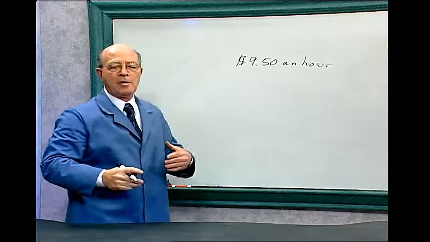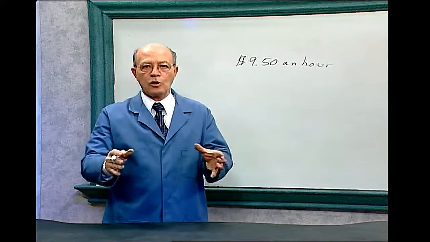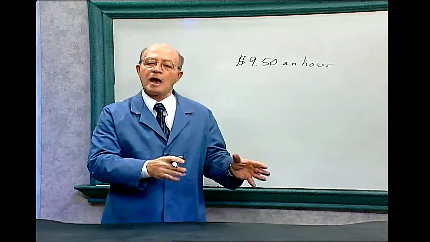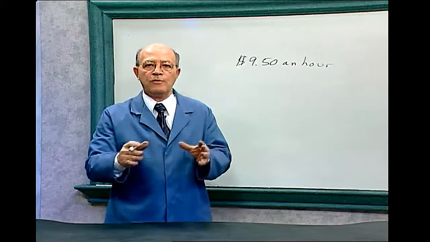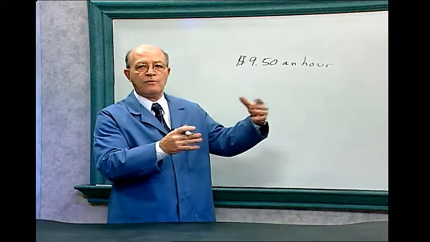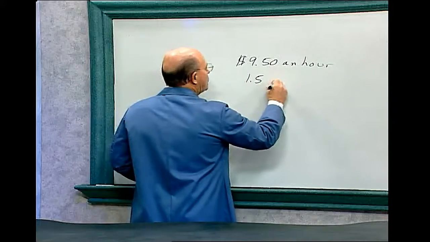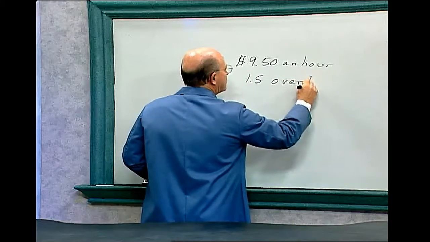It is mandated by the federal government that employers have to pay their workers time and a half, or 1.5 times the hourly rate, any time worked above 40 hours. So it's 1.5 overtime pay for overtime.